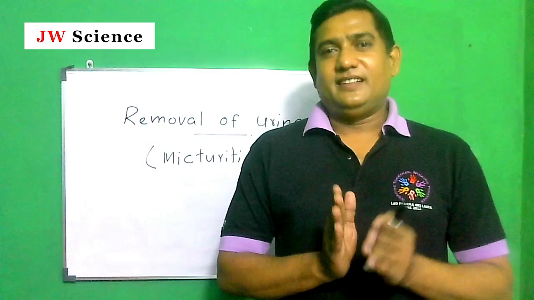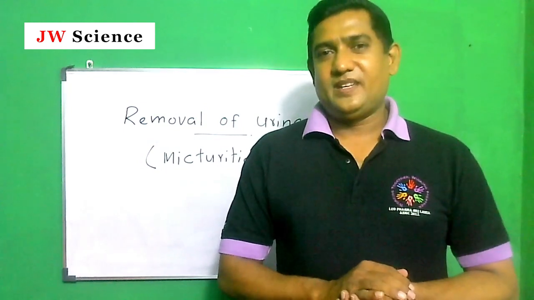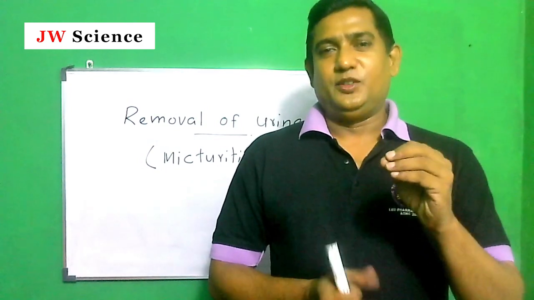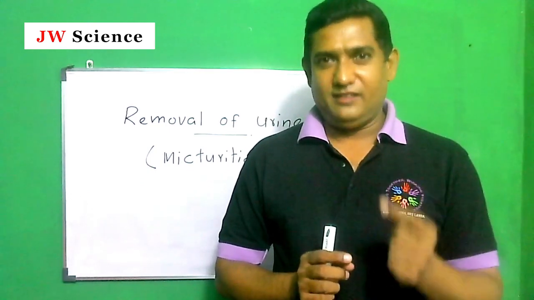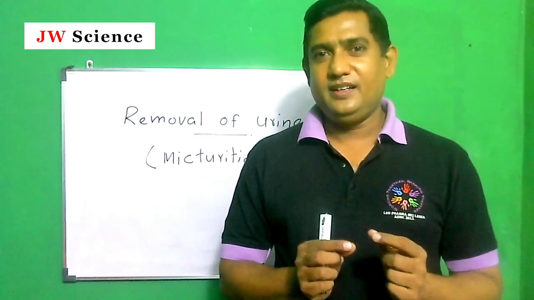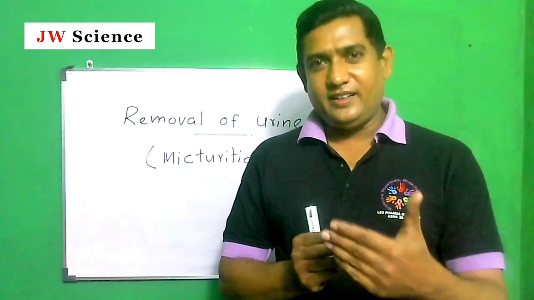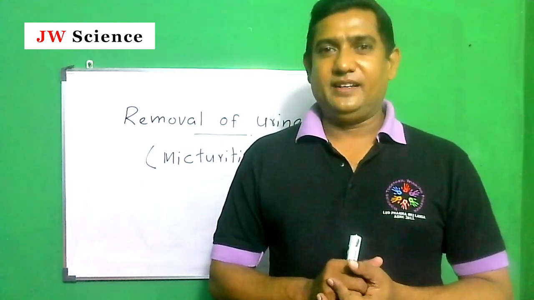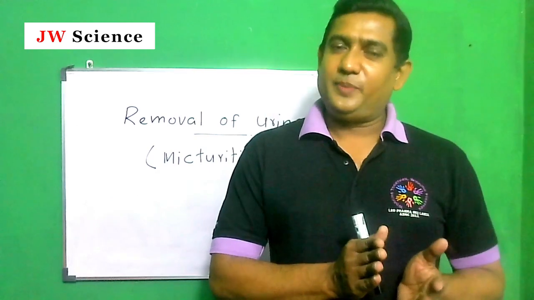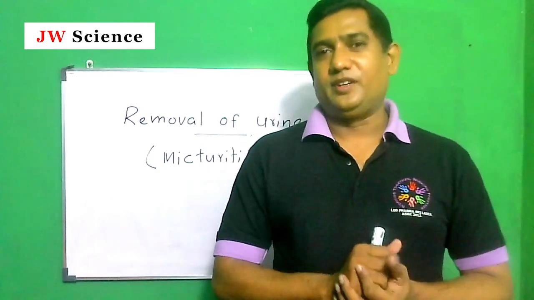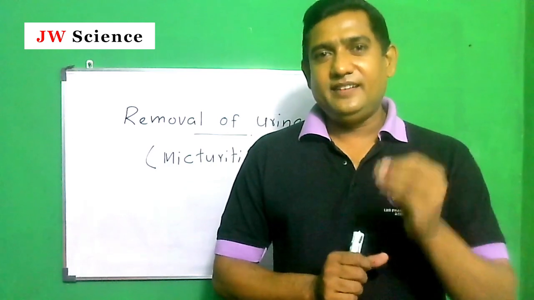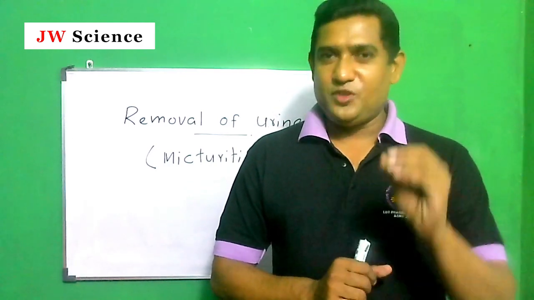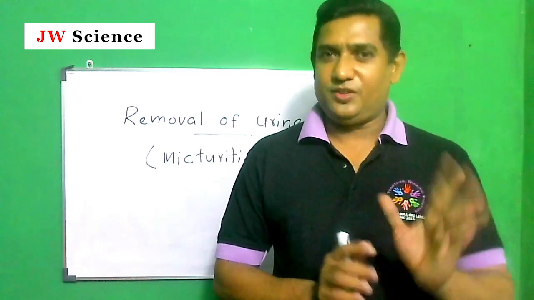This happens as a result of brain signals, right? Our urinary bladder has two sphincters. Sphincters are like valves, muscle valves, right? One sphincter is located inside the urinary bladder and the other sphincter is located outside the urinary bladder. The internal sphincter is involuntary in control, which means we can't control it consciously.